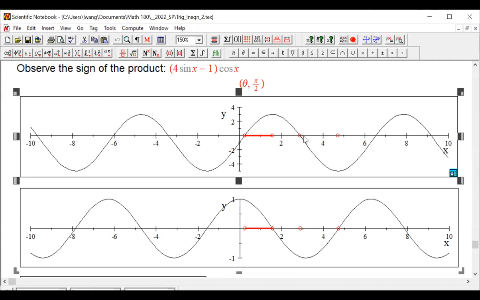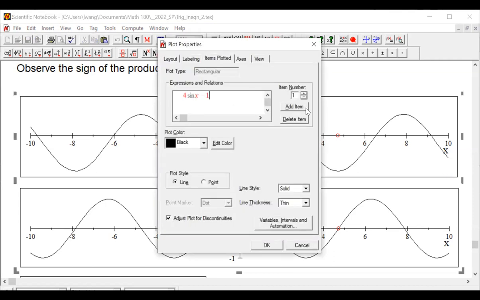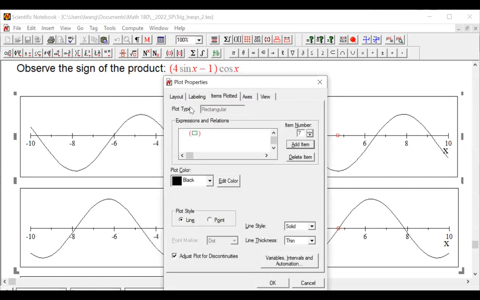So we have identified another interval of solution. That interval would be pi minus arc sine of a quarter to 3 pi over 2, 0.